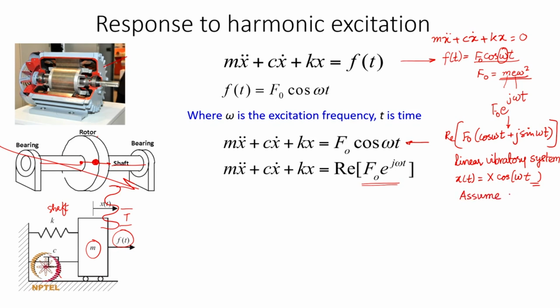Assume the solution of this equation to be given by an unknown amplitude and frequency, of course, for a linear system, the same frequency as the frequency of excitation. So, we assume a complex harmonic response, capital X e to the power j omega t. That is an assumption. With this assumed response we will continue further.